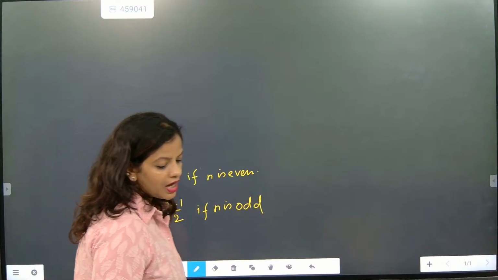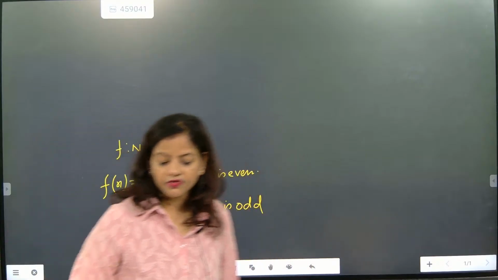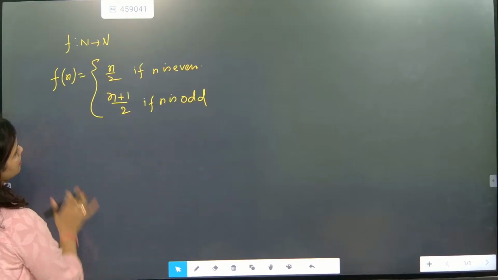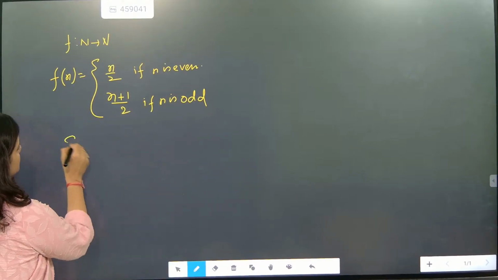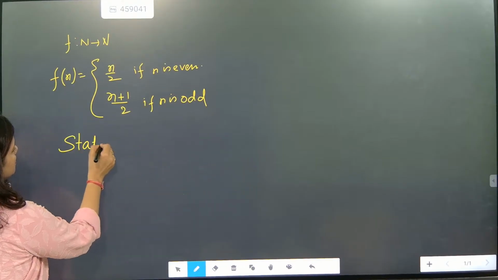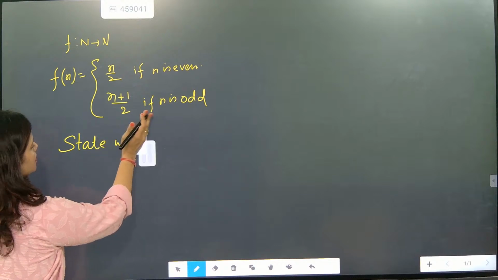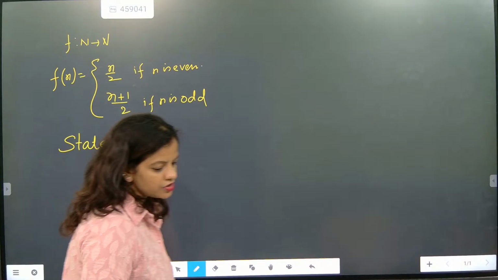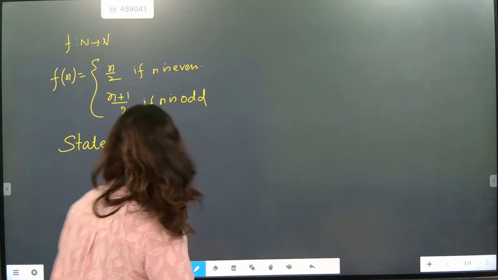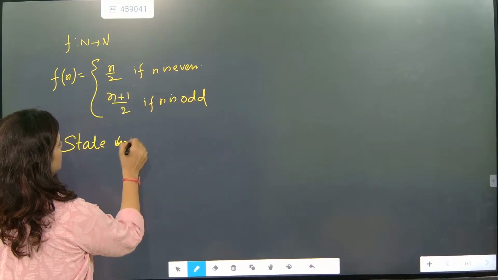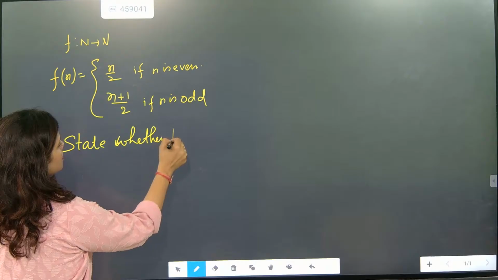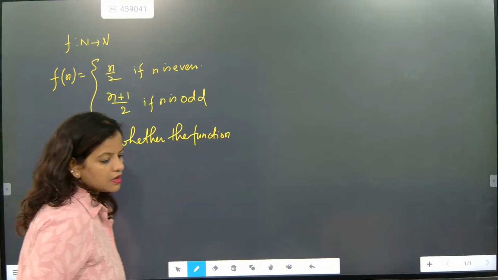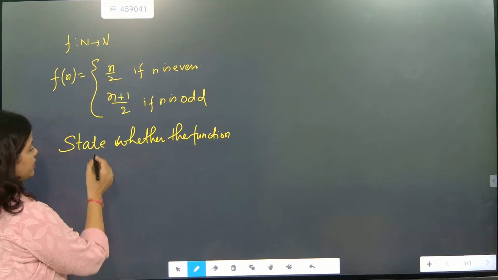Got it, beta? After this, they are telling: state whether the function is bijective.